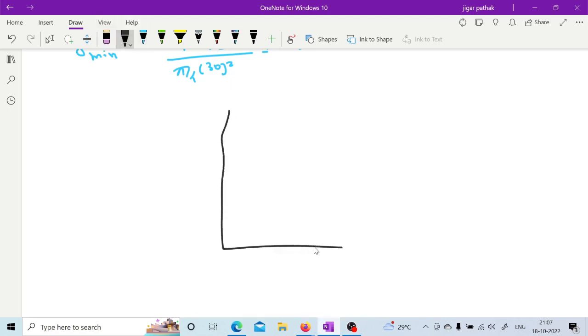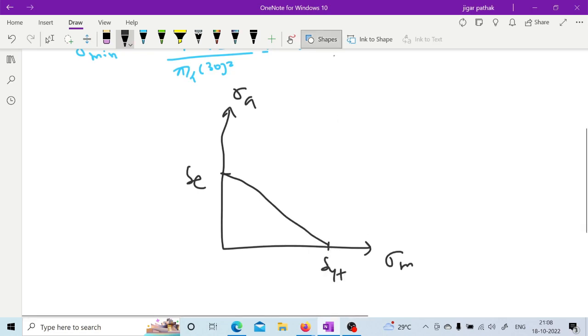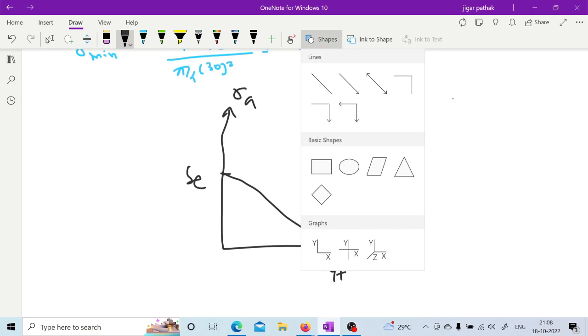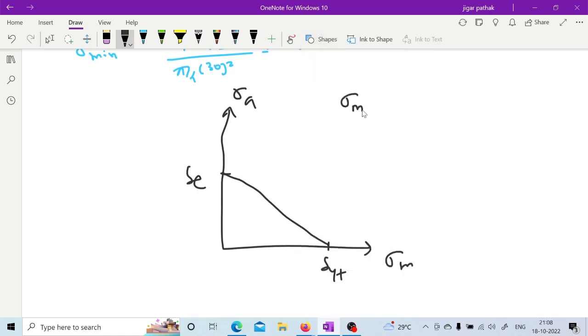Sorry sir. So Soderberg equation, this is sigma A, this is sigma M. In case of Soderberg, it is from SE to here SYT. So it will be sigma M by SYT plus sigma A by SE is equal to 1 upon N.